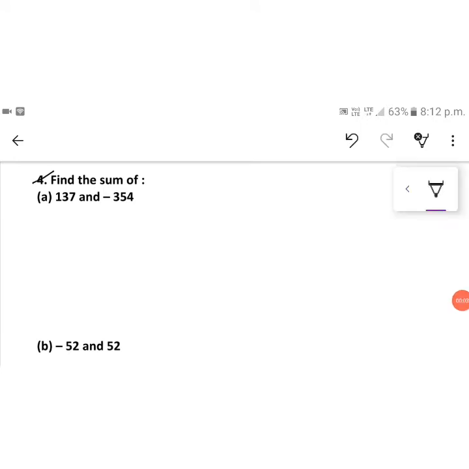Question number 4. Find the sum of A part, 137 and minus 354. 137 plus, this is sum, so plus minus 354.